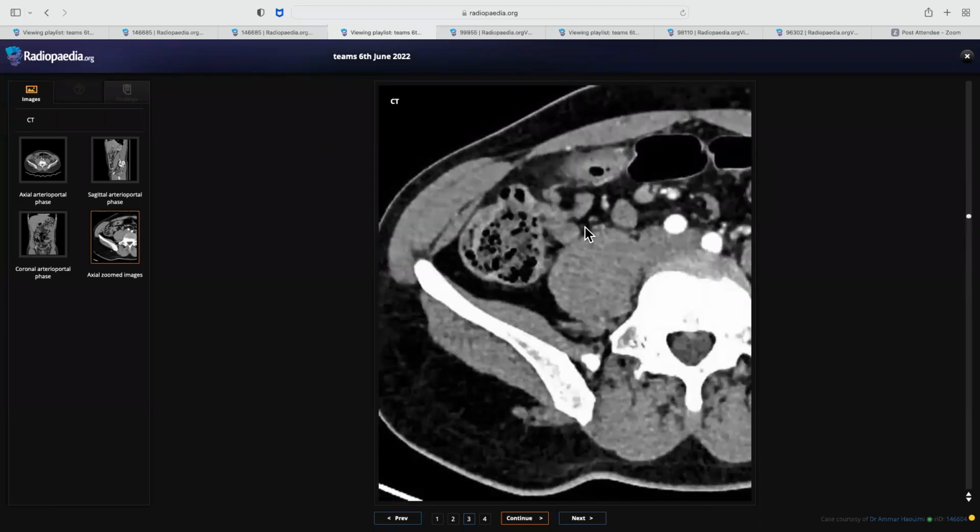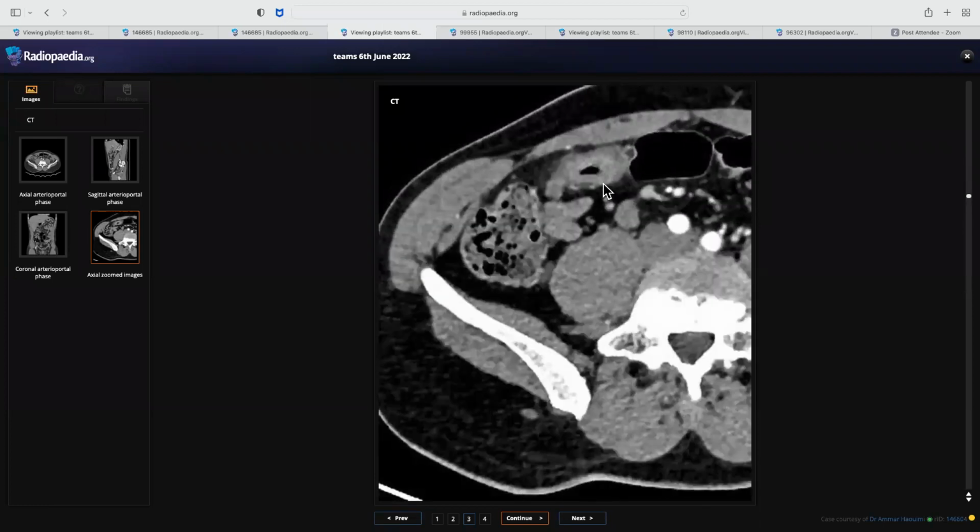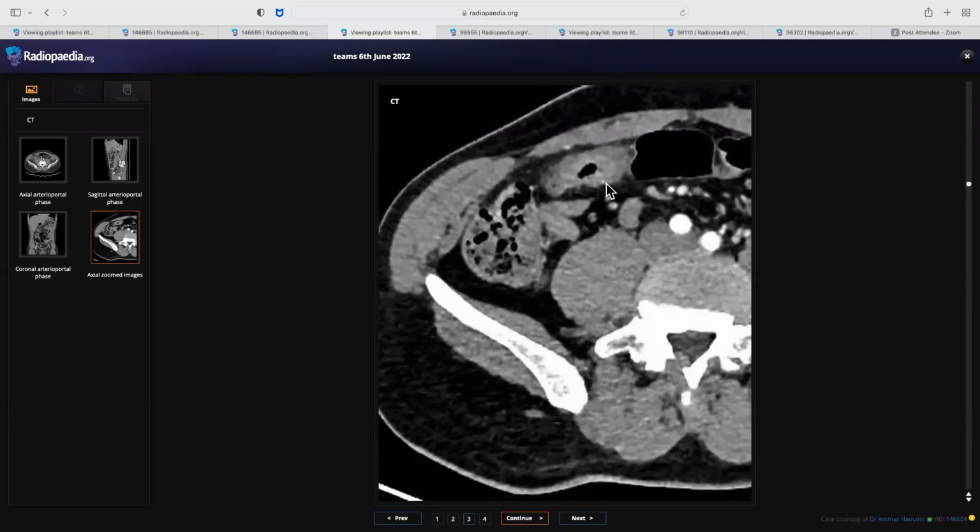Can you show me the fat density? This one. Though in my routine practice, I'll see it with the marker because the window is not wide, so both air and fat will appear dark.